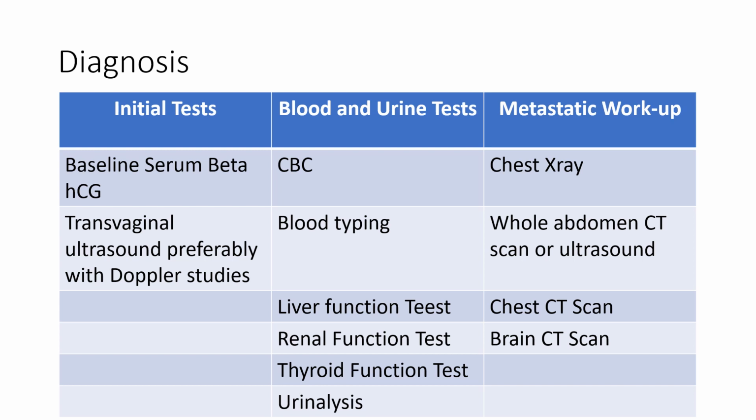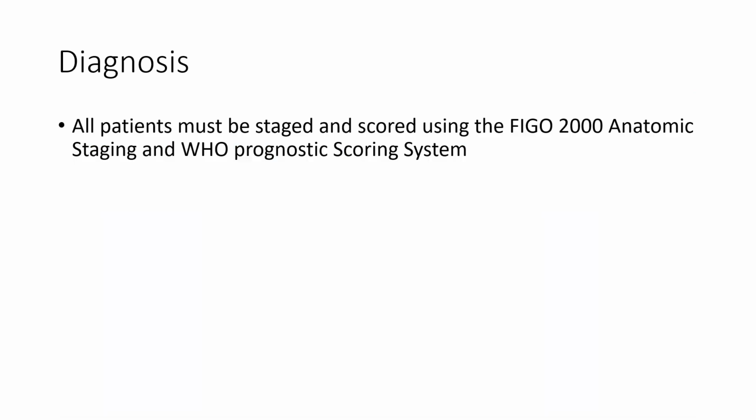Your blood and urine tests are the following: CBC, blood typing, liver and renal function tests, as well as thyroid tests and urinalysis. To work up for metastasis, you do a chest x-ray, whole abdomen CT scan or ultrasound, and a chest and brain CT scan, where the H mole has a predilection to metastasize.